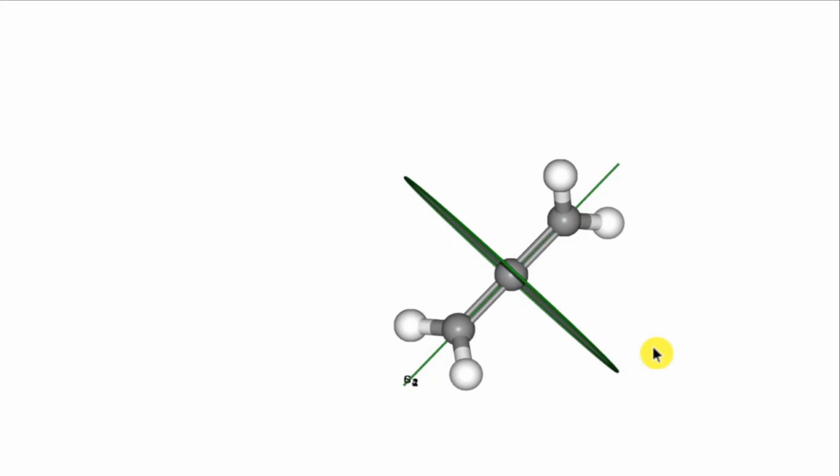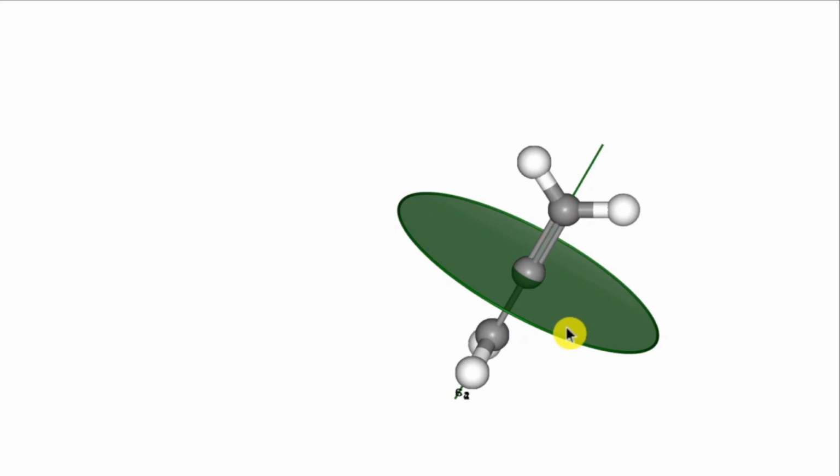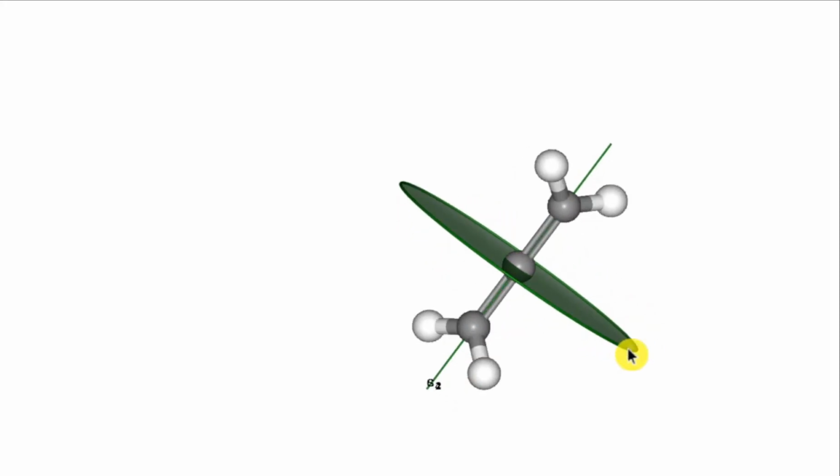Keep in mind that 90 degree rotation, that is C4 rotation, is not a symmetry operation for this molecule. Sigma h operation also is not a symmetry operation for this molecule. But the combination of these two becomes a symmetry operation.